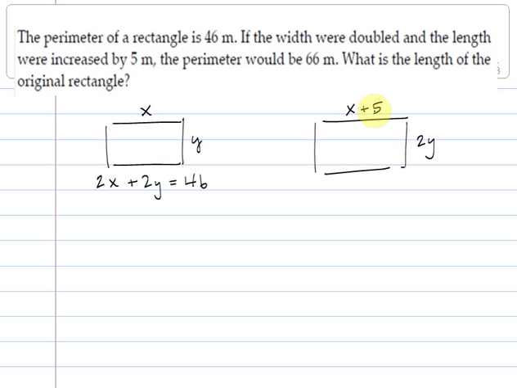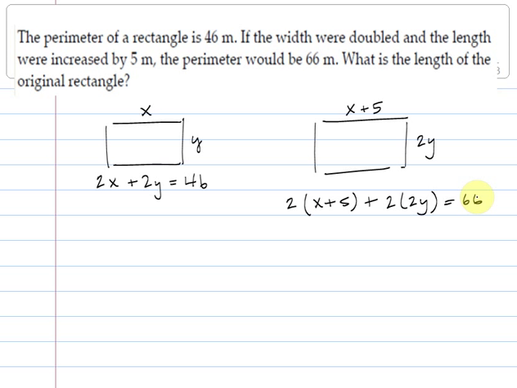Now, in keeping with our perimeter formula, that would be 2 times the length, so 2 times x plus 5. And then we add to that 2 times the width, so 2 times 2y, and that perimeter would be 66 meters. And now we have the two equations needed to solve this problem.